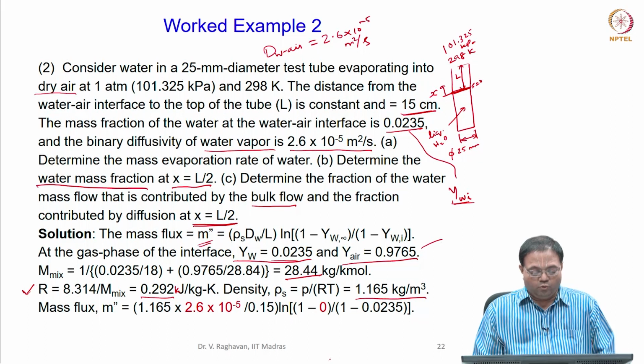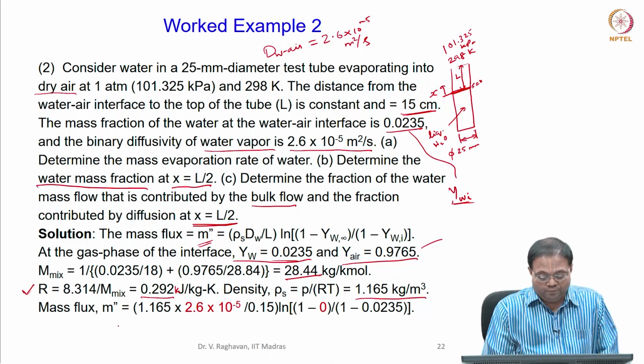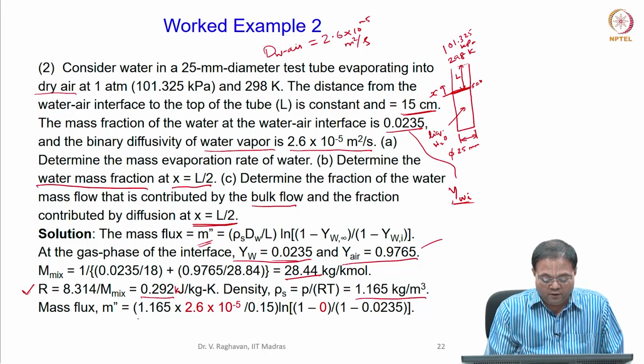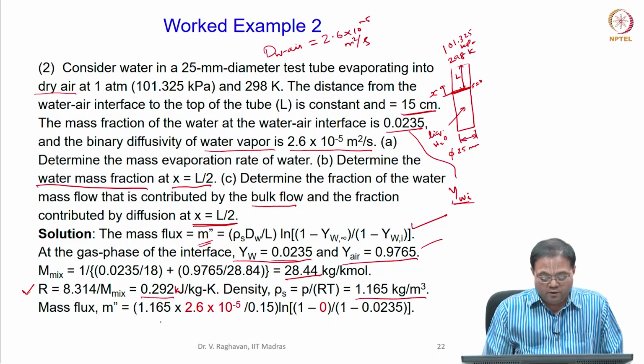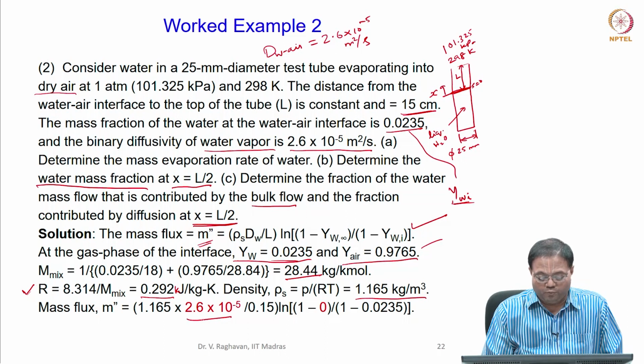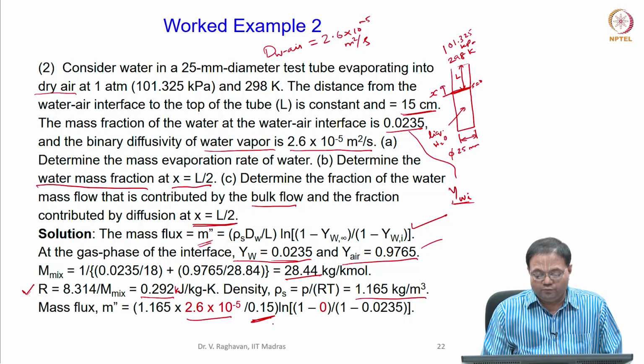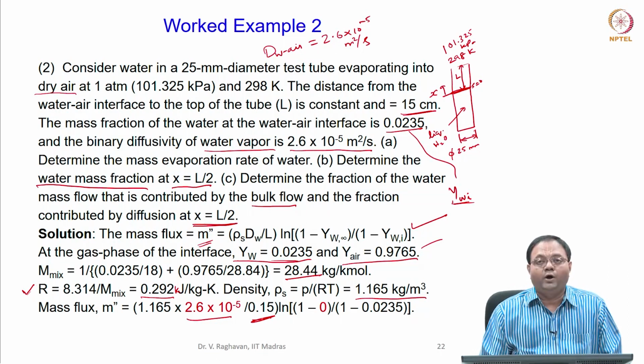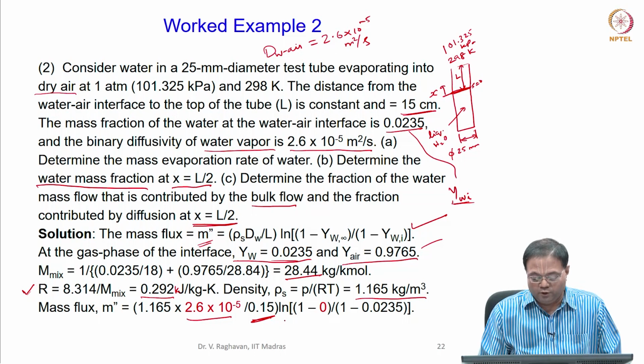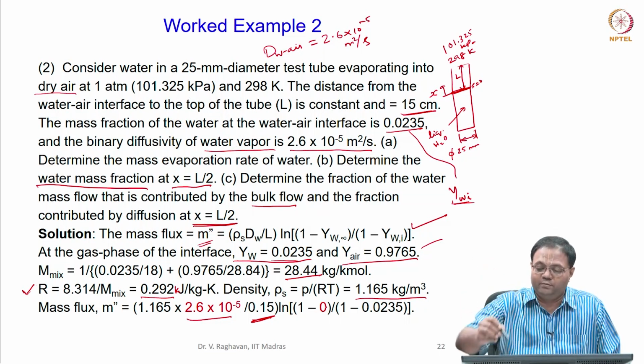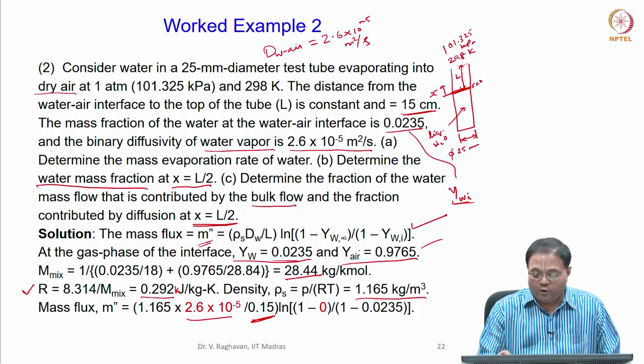Now, you have to find the mass flux. We substitute in this equation the density 1.165, the binary diffusivity, that is 2.6 into 10 power minus 5, divided by L, which is 15 centimeter, that is 0.15 meter, into the natural logarithm of 1 minus y water infinity divided by 1 minus ywi. Dry air prevails at the top, so y water infinity is taken as 0.